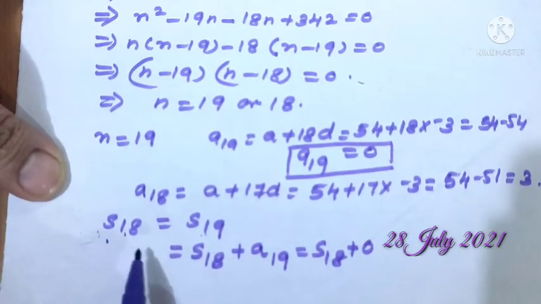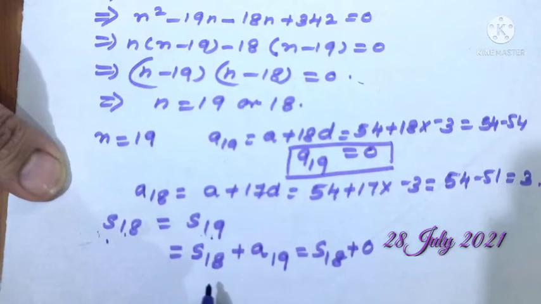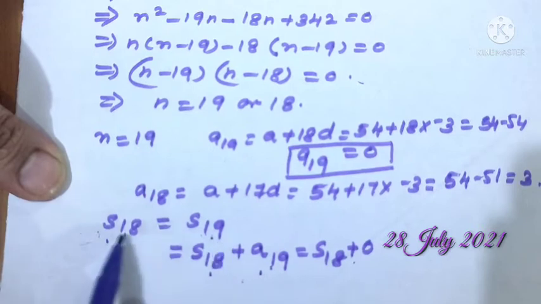S18 means whatever the sum is, it is equal to S19 also. Why is it the double answer? Because S19 means the sum of 18 terms plus the 19th term, but the 19th term is 0, so there is no change in the value of S19 because 0 is added to S18. So S18 and S19 are both the same.